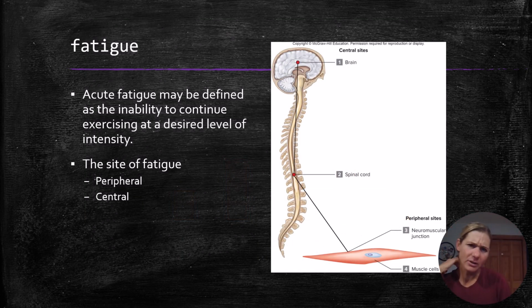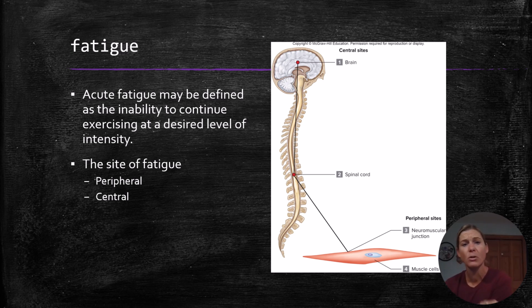So just very quickly, we think about fatigue. Acute fatigue can be defined as our inability to continue exercise at a desired level. And this fatigue can certainly be related to nutrition and to these energy systems. But I want to make sure that we appreciate that it can also be a lot of other things.